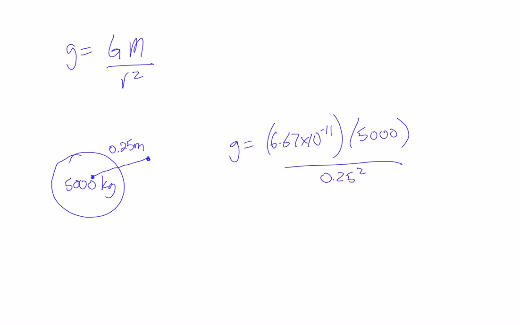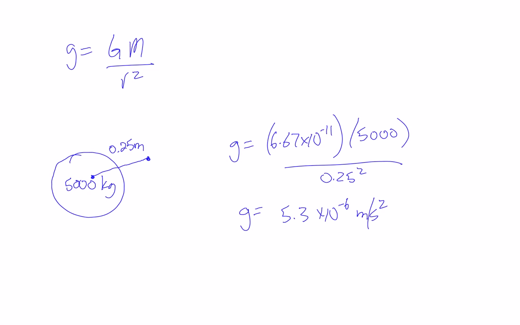If we plug that in our calculator, that'll tell us what the acceleration of gravity is at that point. Because our mass is fairly small, we're probably going to get a really small number for gravity. And we do. We get 5.33 times 10 to the negative 6.